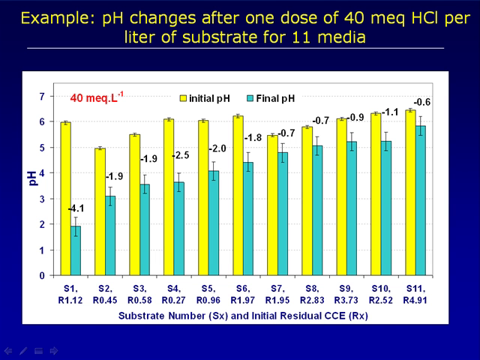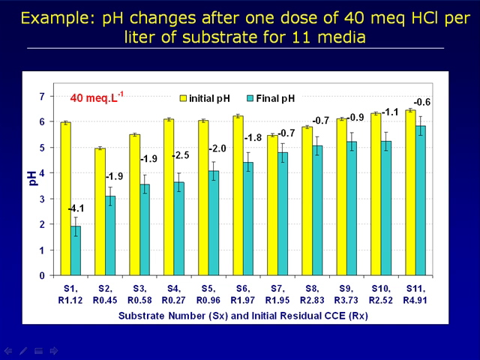As you move from left to right on this graph, you can see some numbers after the letter R. Those numbers refer to the amount of residual limestone or calcium carbonate equivalents in units of grams per liter. So on the left hand side of the graph we tend to see growing media with little residual lime.